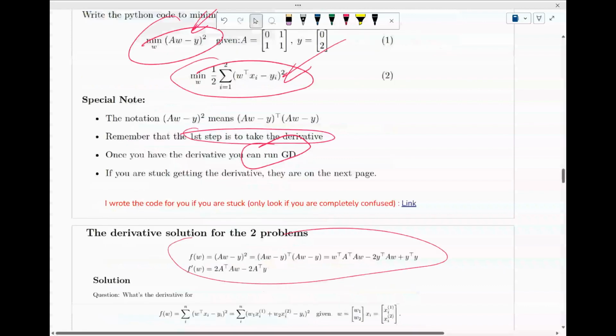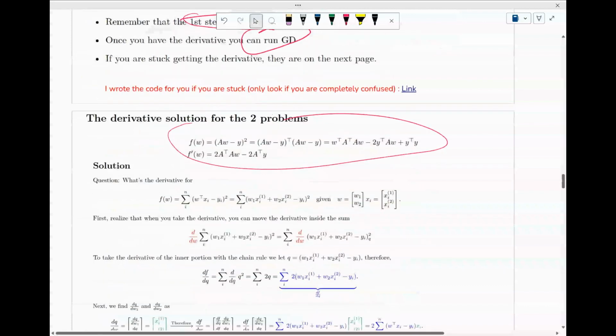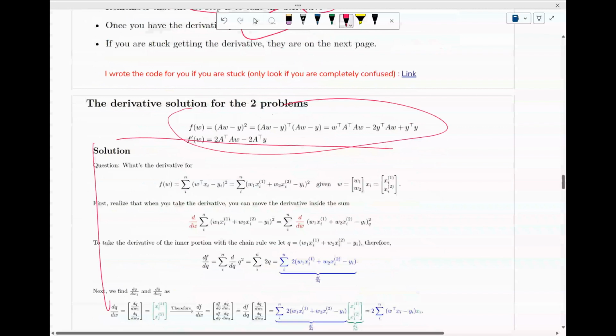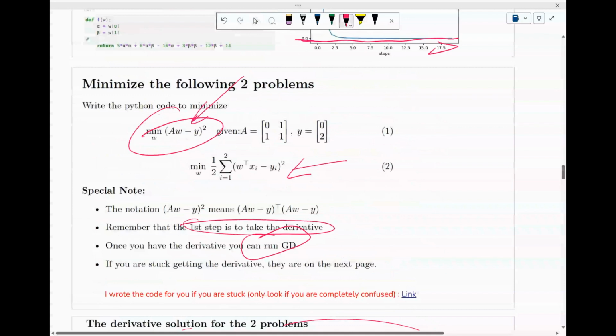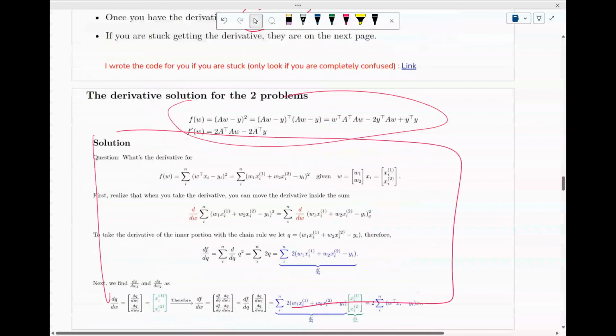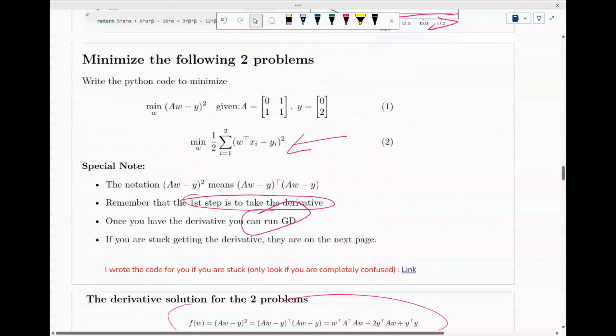Okay. So this I also give you the derivative. So if you don't remember how to calculate the derivative of this, I calculated it for you. I hope you do remember because you're going to need it. And let me see. I think you're going to need the x1 value.